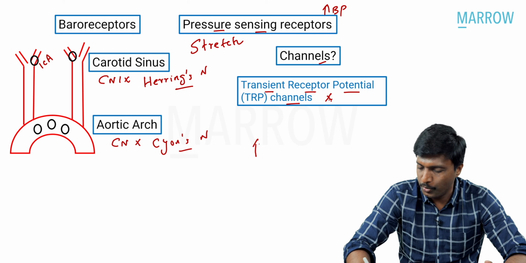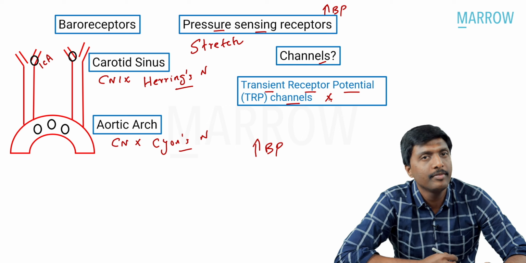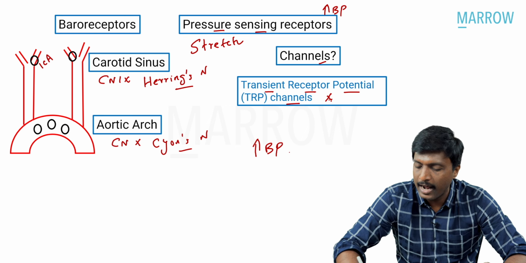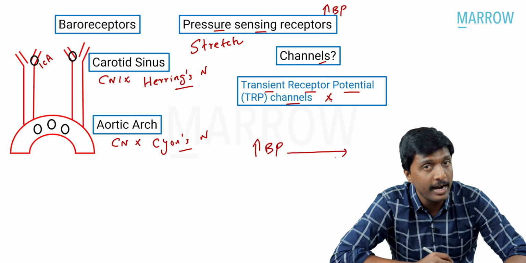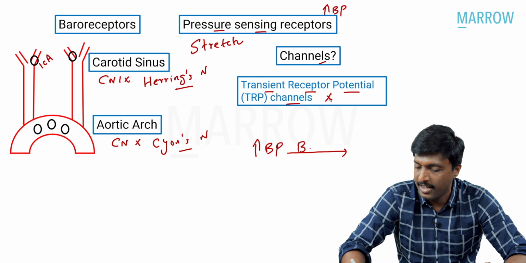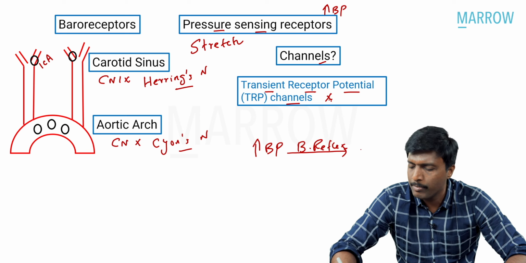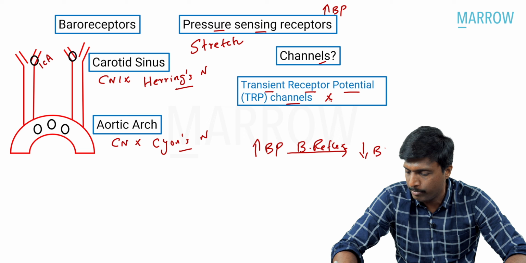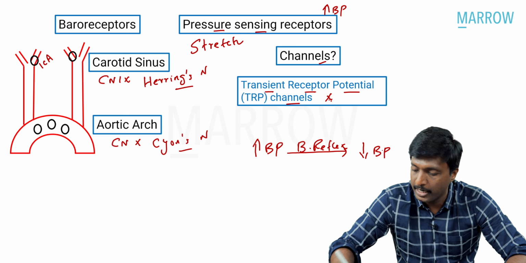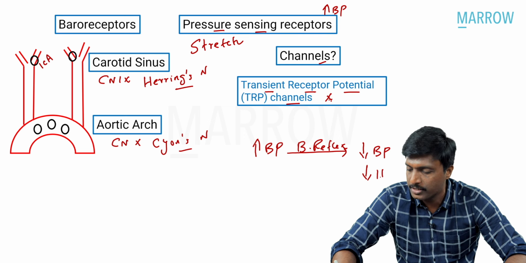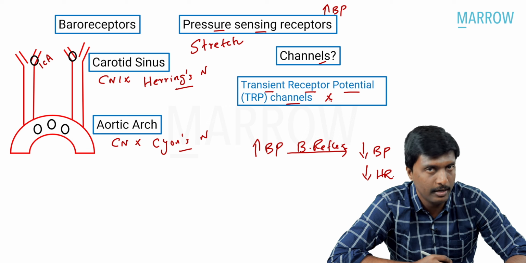In response to increase in blood pressure, our baroreceptors are activated. They are going to activate an important reflex, and that reflex is the baroreflex, whose primary objective is to decrease that blood pressure. Not only that, as a part of this reflex, there is also a decrease in heart rate.